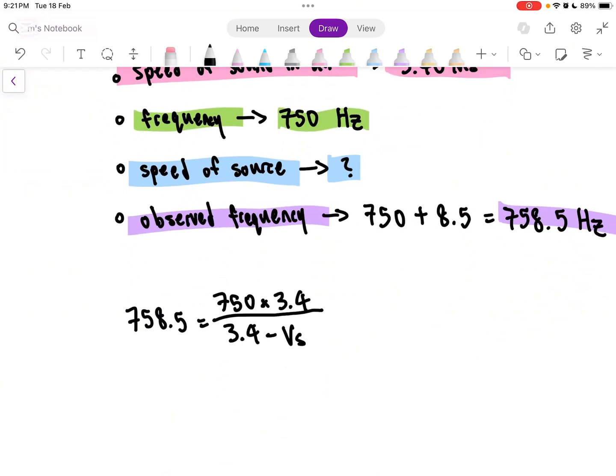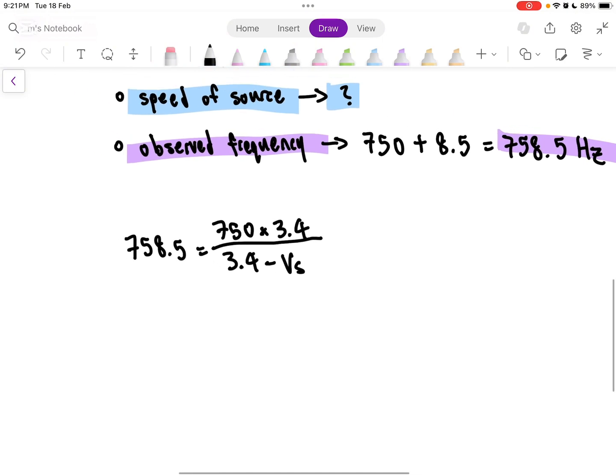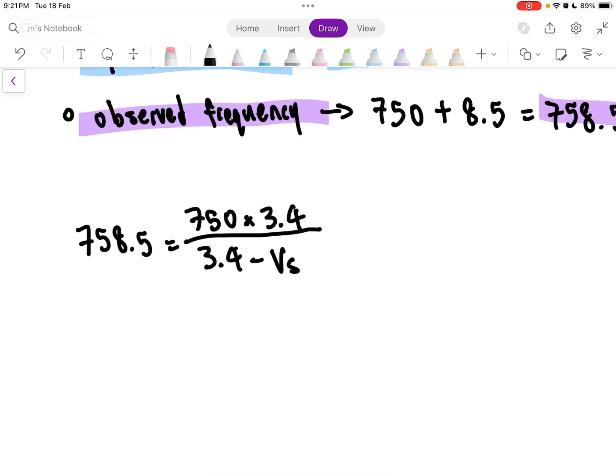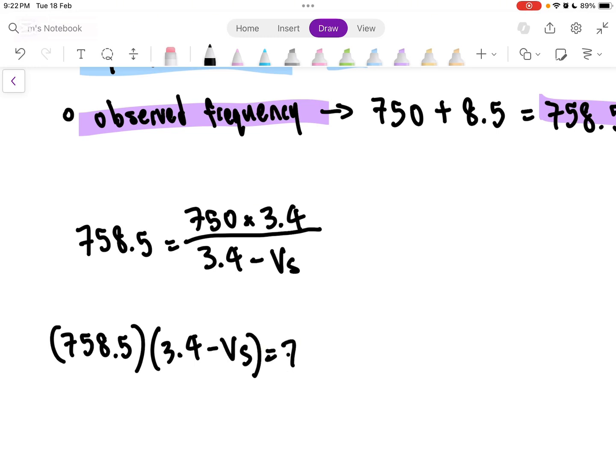So if I get it right, then I will know I got it right. So we just gotta do some rearranging. So let's do 758.5 times (3.4 minus vs) equals 750 times 3.4.